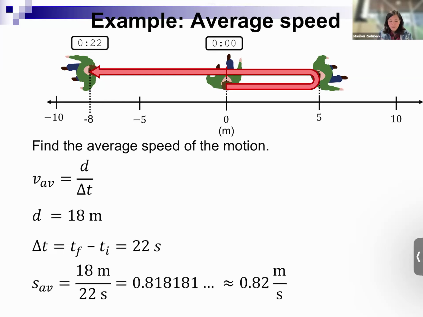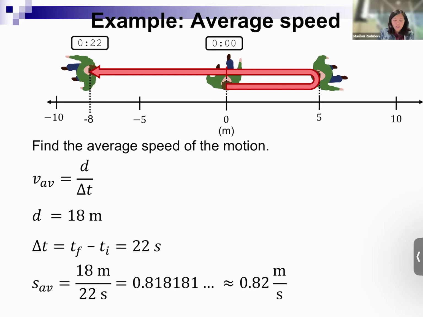It's a direct application of the definition of speed, being distance divided by time. So distance, measure the actual path the person traveled. So it went from 0 to 5 meters and back to 0. So that's 10 meters, but continued another 8 meters to the left. So overall, the distance is 18 meters.